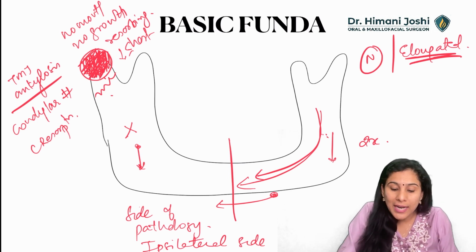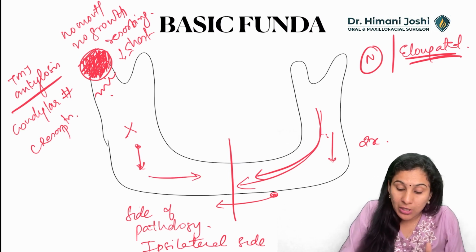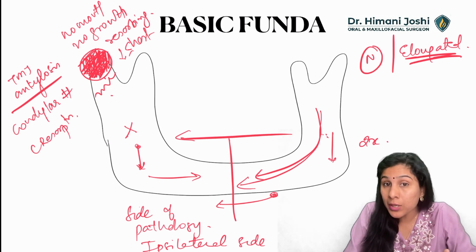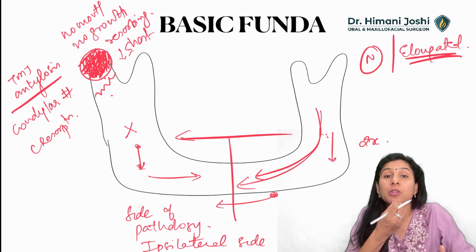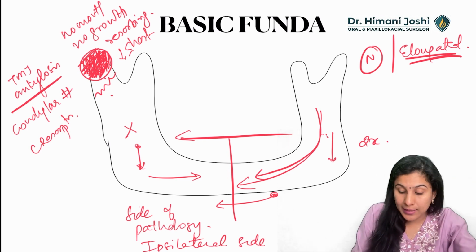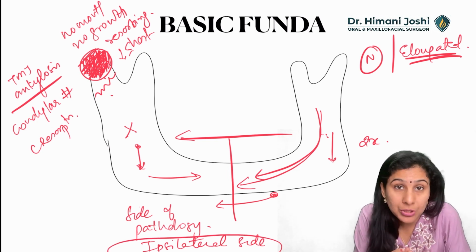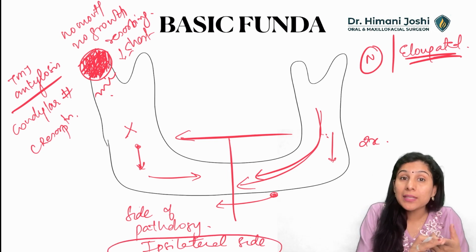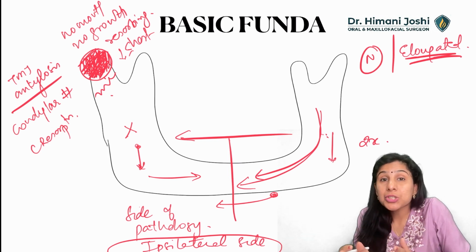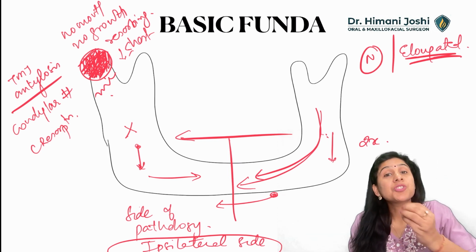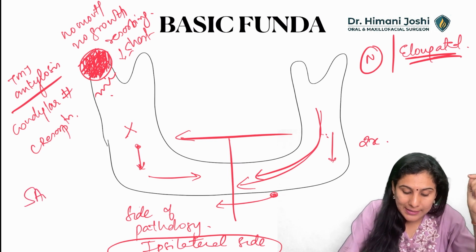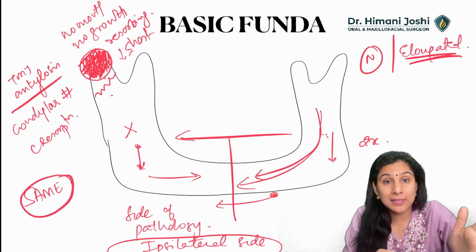So the short side will move to a certain limit, the long side will move more, which will also cause deviation of chin to the shorter side, that is towards the ipsilateral side. So whenever there is a reduction in movement, reduction in growth, reduction in length, the chin will deviate to the same side or the ipsilateral side.